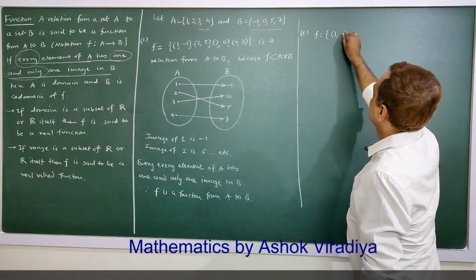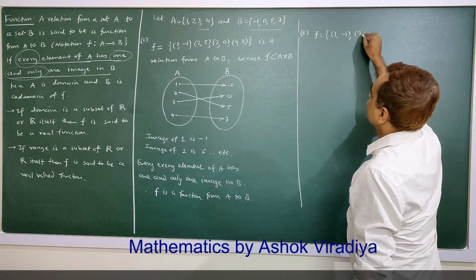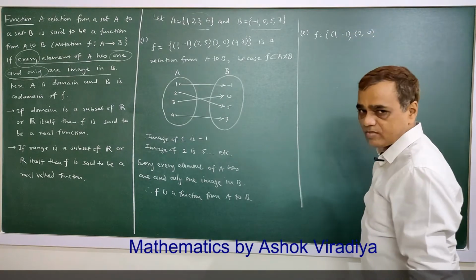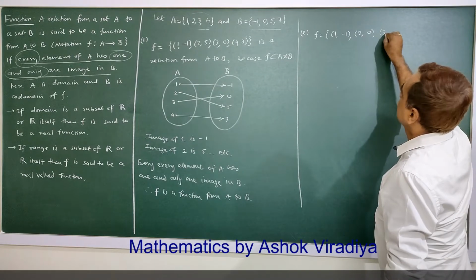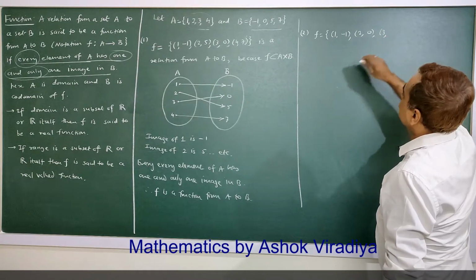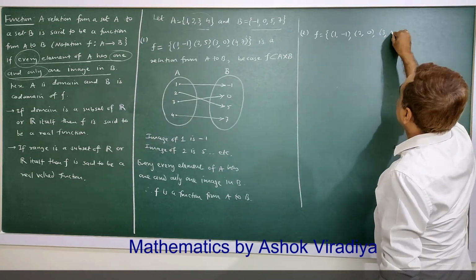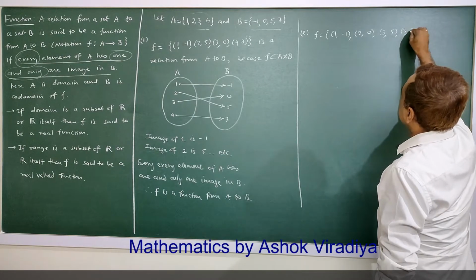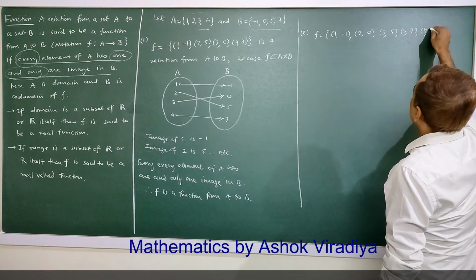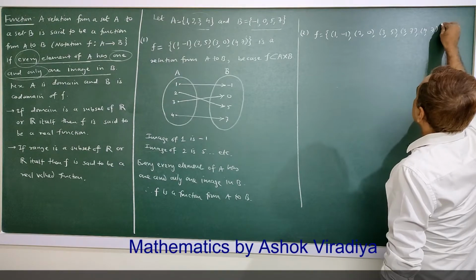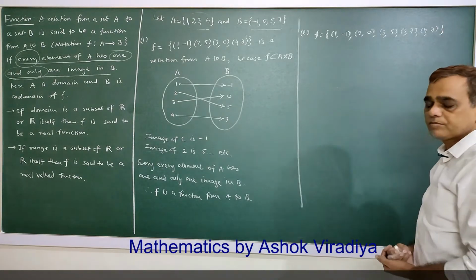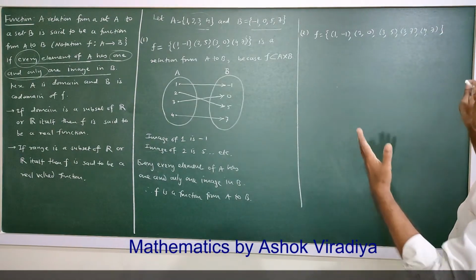The image of 1 is -1. The image of 2 is 0. The image of 3 is, suppose, 5. The image of 3 is also 7. The image of 4 is 7. I am taking this relation.